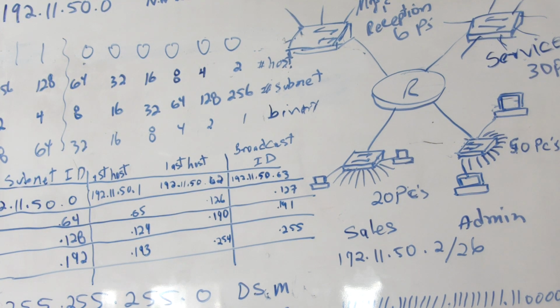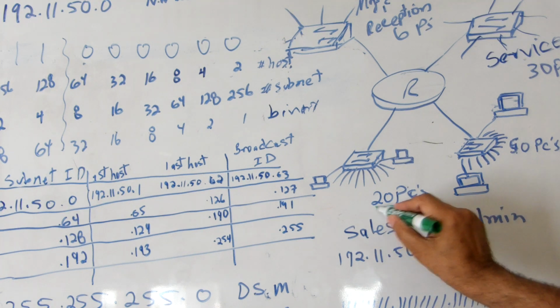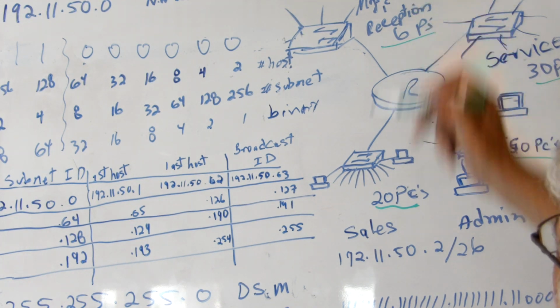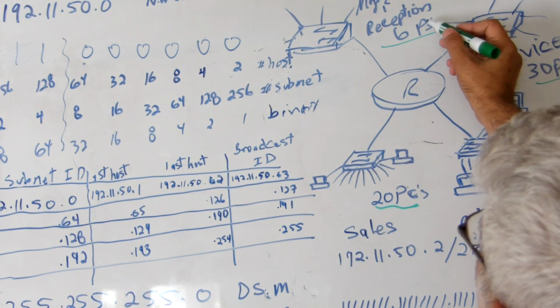We have almost 130 employees, and I want to have them in different departments. In the sales department, you have 20. In service, we have 20 personnel. And here, administration is 50, and management and reception is about 6 PCs.